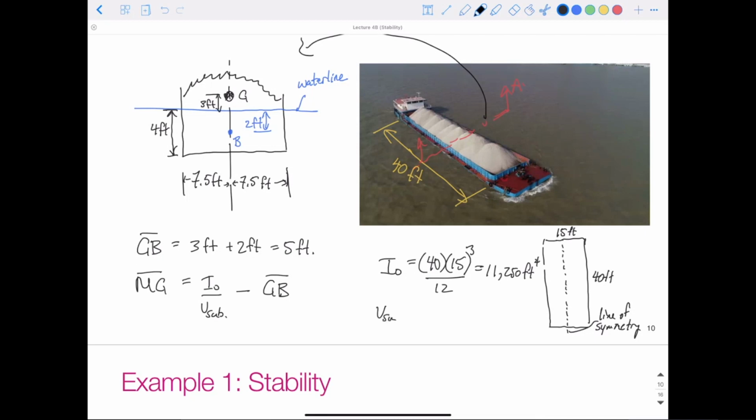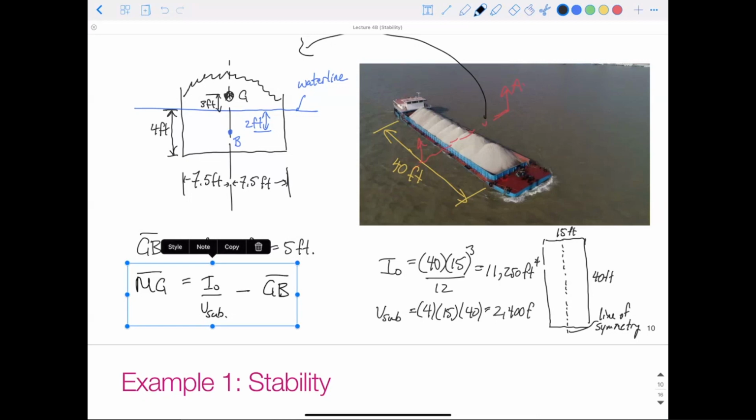The volume submerged is just equal to the draft times the length times the width of the boat. So that would be 4 times 15 times 40, which is equal to 2,400 feet cubed.